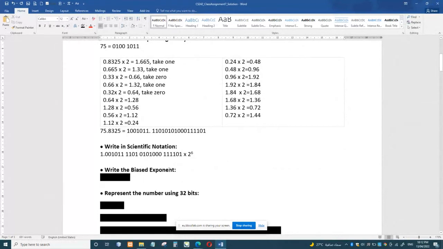Now, Doctor? Yes? I think there's a mistake in the previous one where we found the decimal place. Which one? If you look at the 7th line from the left side where we have 0.64 multiplied by 2, we got 1.28, then you put 1.28 in the answer as well to the left side.